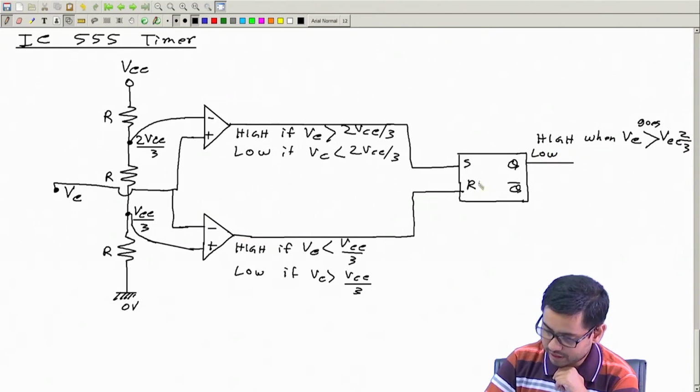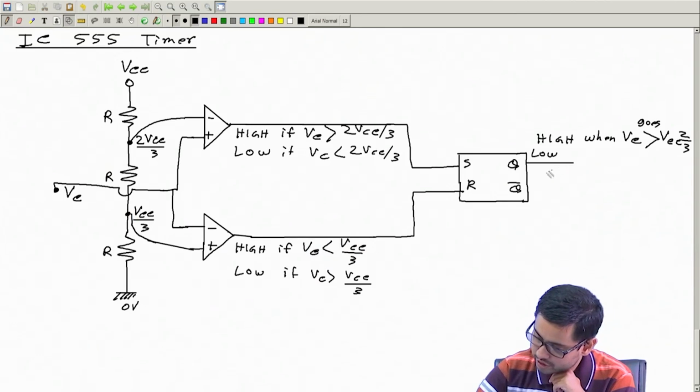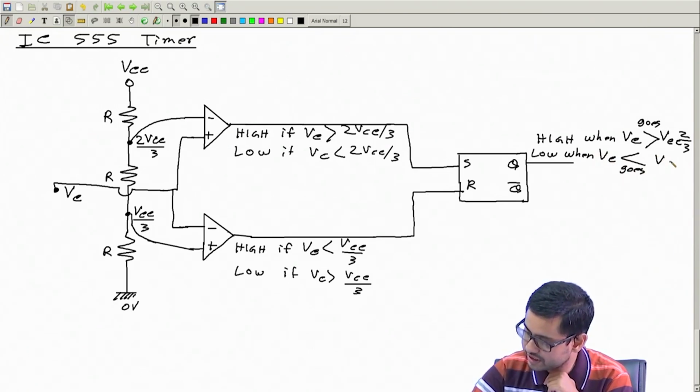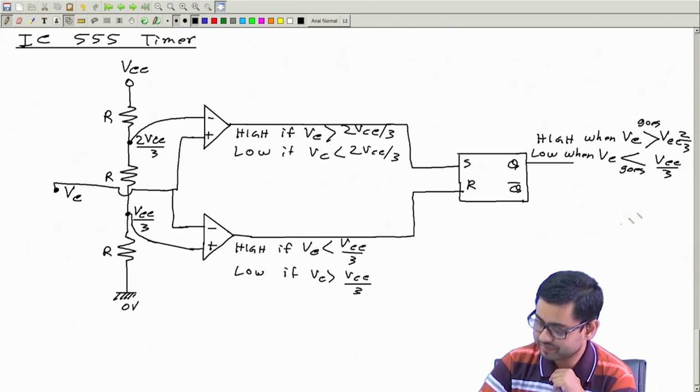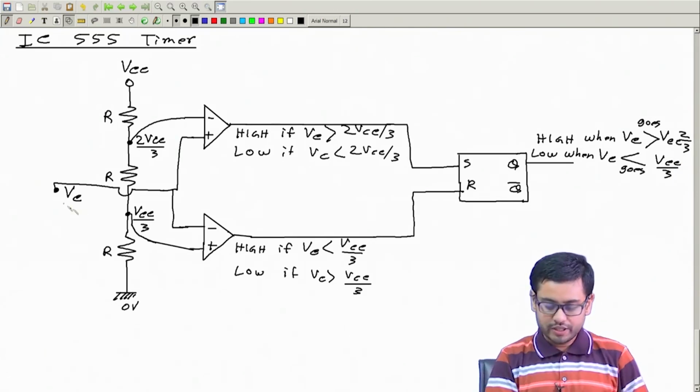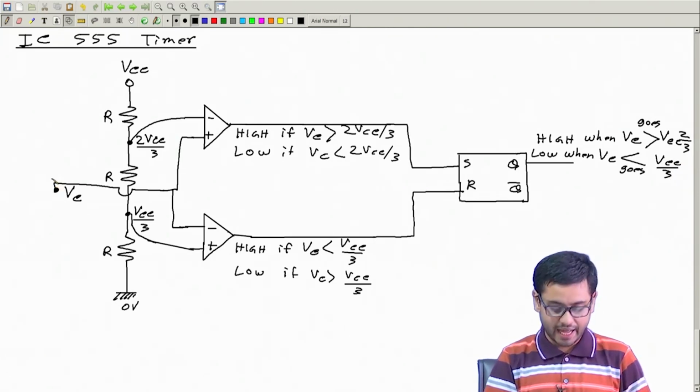a high reset signal. That means this should be high, and that will be high only if Vc goes below this threshold, below this point. So this will be low when Vc goes down below Vcc by 3. So if this voltage is changing with time, there are two voltage levels.